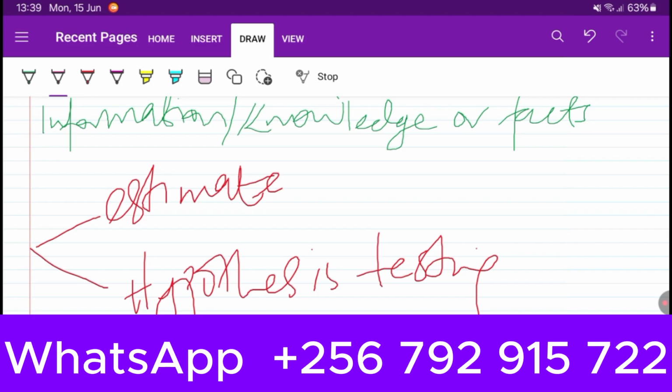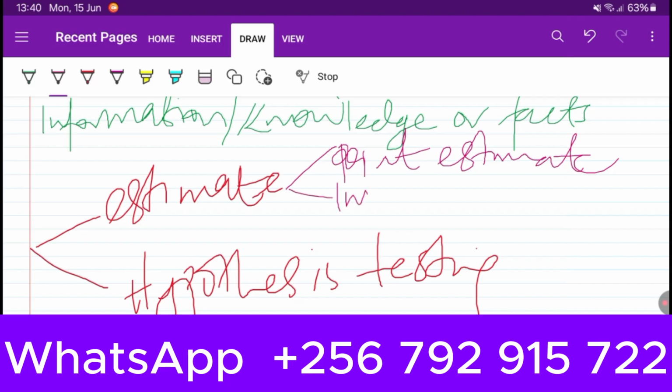Of course, you find that the estimates, this is just more of estimating the population parameters using the sample. We can use a point estimate, or what we call the confidence intervals, or the interval estimate.